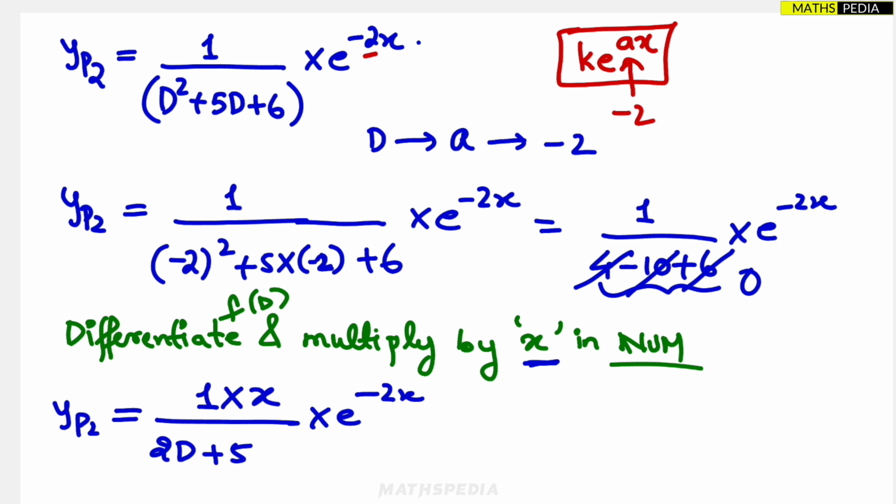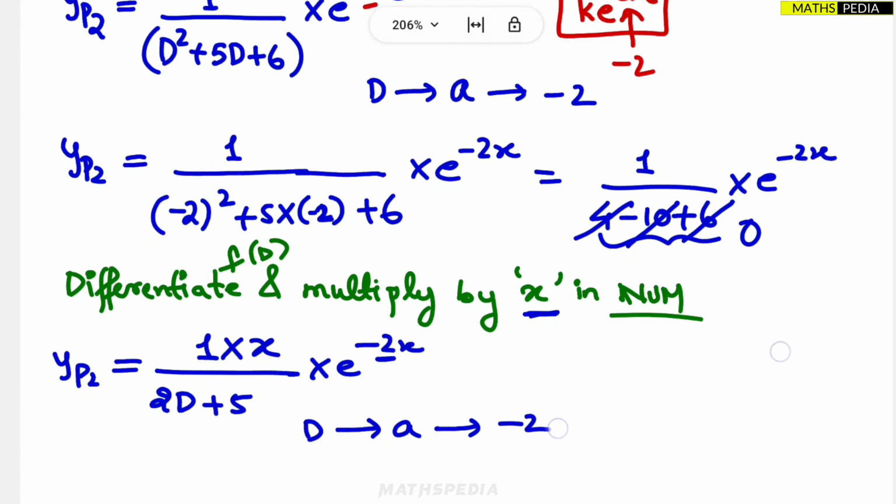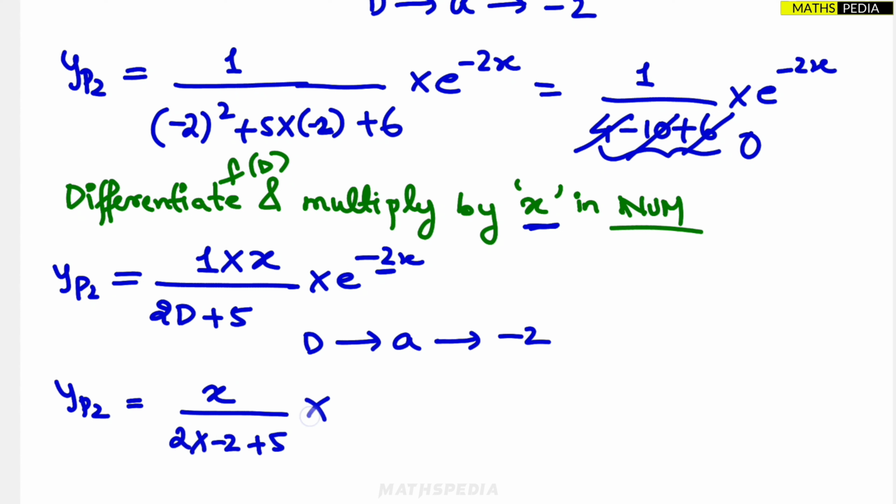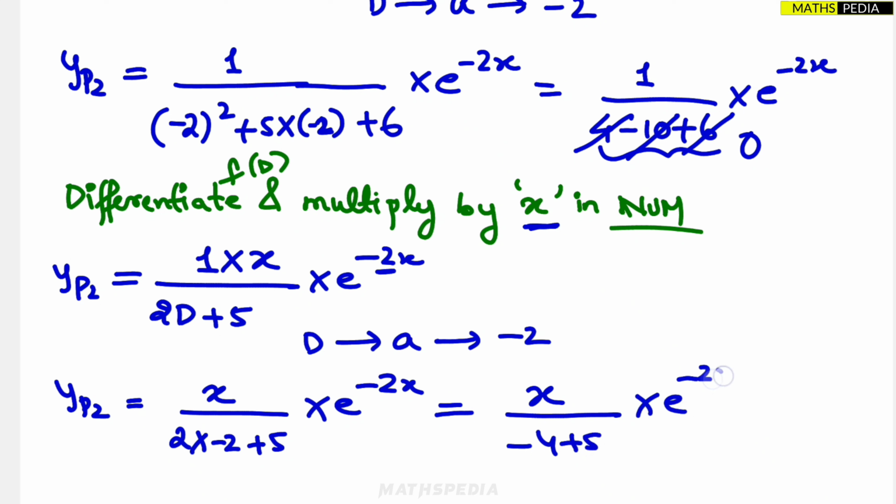Now again you have to substitute the D value as a, which is minus 2. So when you substitute now, Yp2 value is equal to x divided by, 2 into minus 2 plus 5, into e power minus 2x, and it is equal to x divided by minus 4 plus 5, into e power minus 2x.